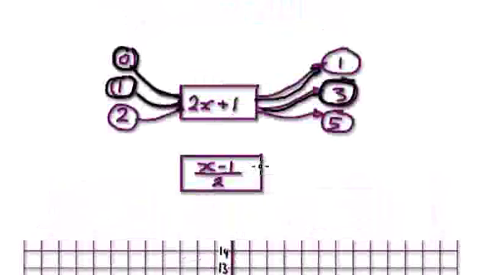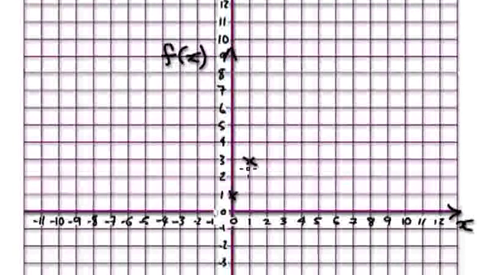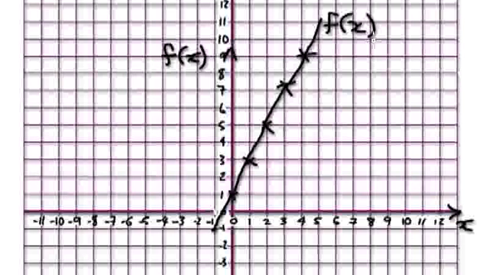If you put in number 2, it will spit out the number 5. So basically, our function will look something like this. Well, it's really a straight line with an intercept of 1 and a gradient of 2. So it's basically a straight line. Okay. Well, anyway, so this is our f of x here.